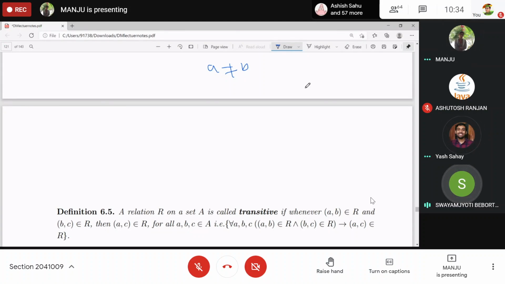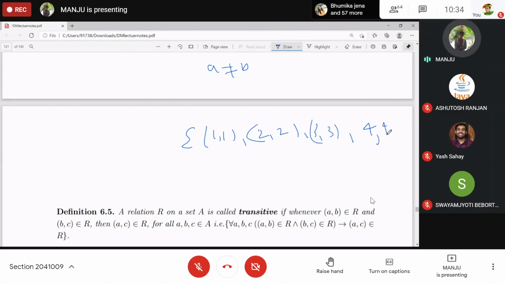Can you give me an example? For example, on the same set you can have 1, 1, 2, 2, 3, 3, 4, 4, and the set is 1, 2, 3, 4. And this is the relation.